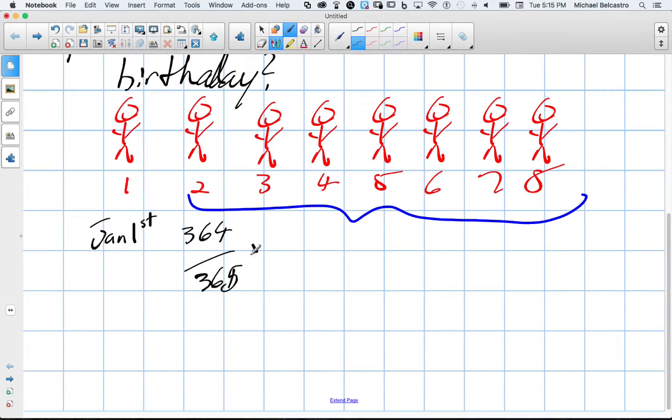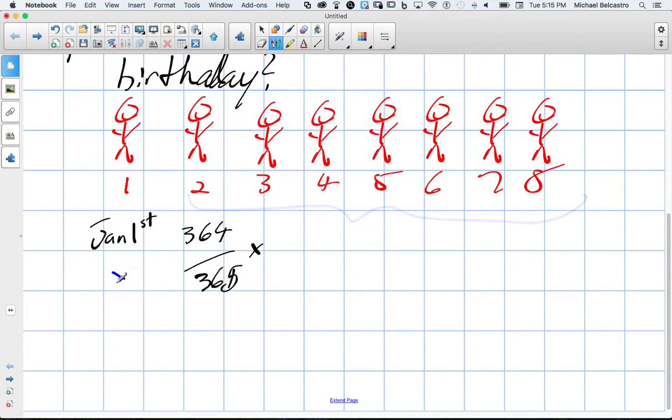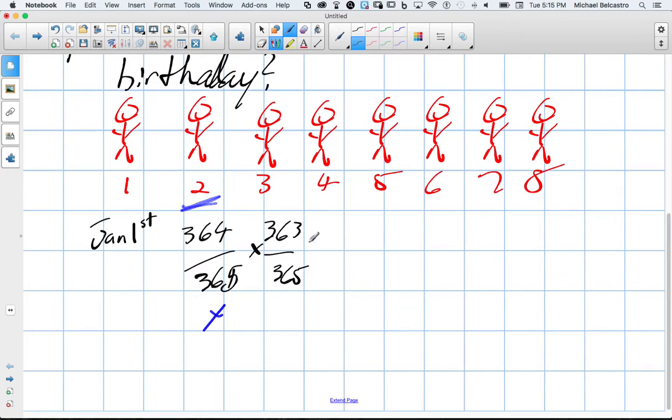So the next person following can't be January 1st, and it can't be whatever person 2's is. So that's 2 options out of the year taken away. So that's 363 options over 365. Okay, and then that pattern continues: 362. I'm not going to keep writing the denominator. We're just going to assume it's the same all the way through.